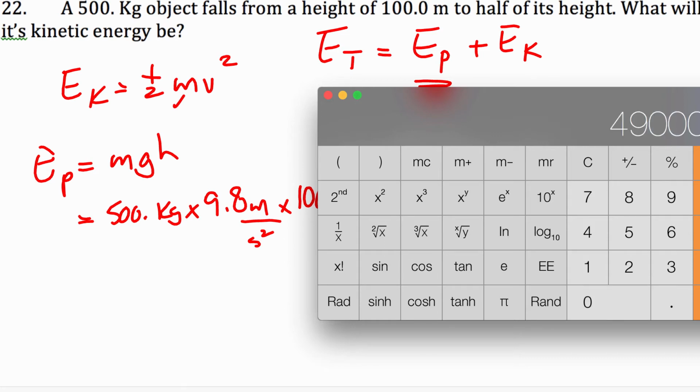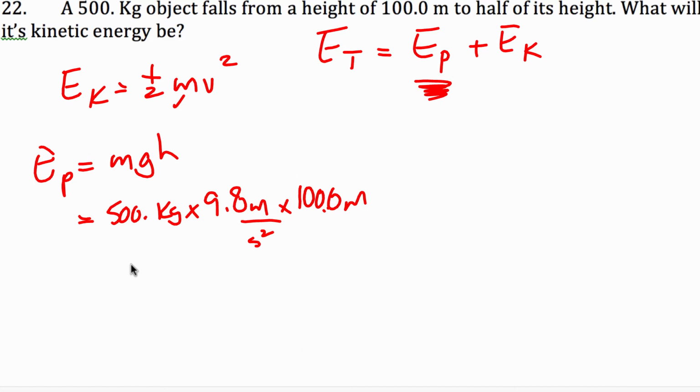So it's 490,000 joules. Because I'm determining potential energy, this would be in joules. 2 sig figs, I'm good.